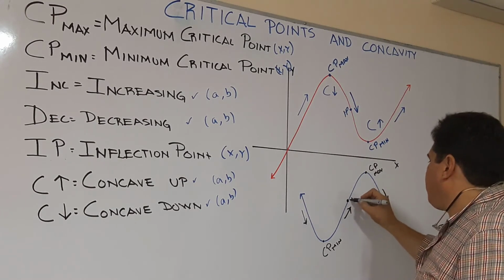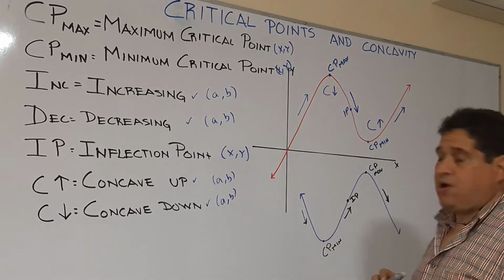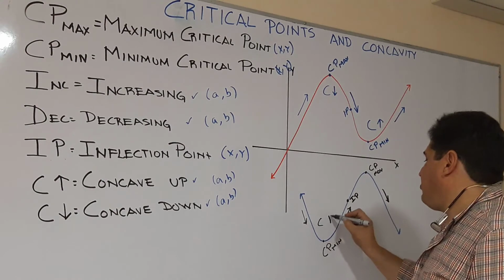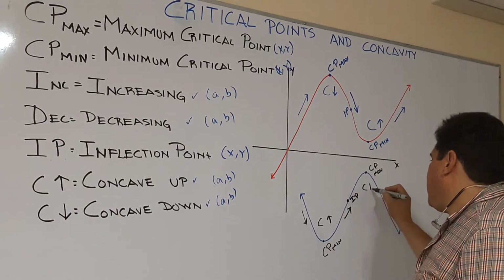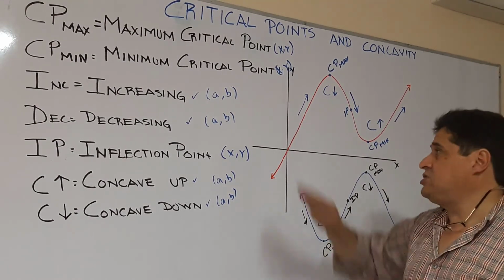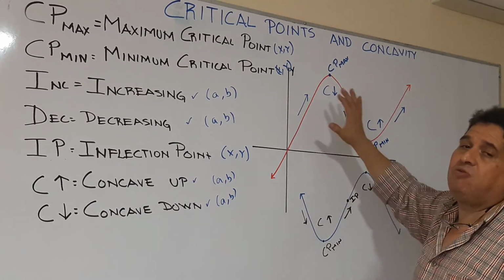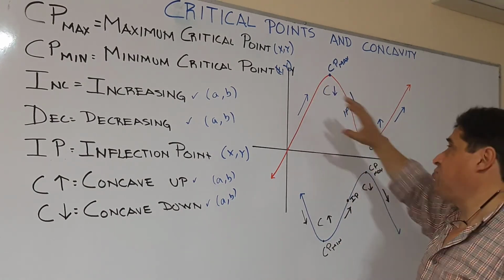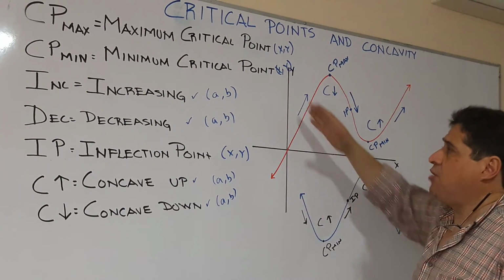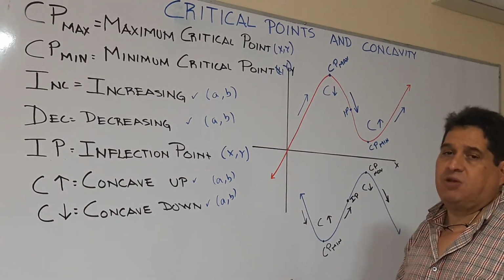I'm going to have an inflection point somewhere around here, and it's going to be concave up and concave down. So it's not always going to be the same. It depends on whatever formula they give you. It's which way it's going to be drawn, and it's how we're going to be determining each of the points we're looking at.